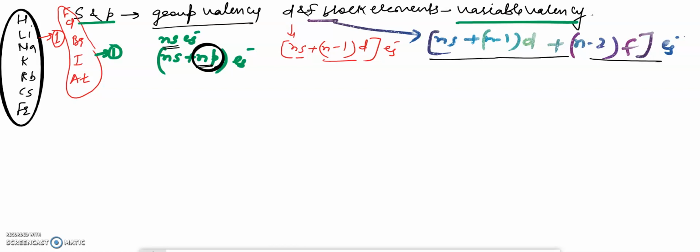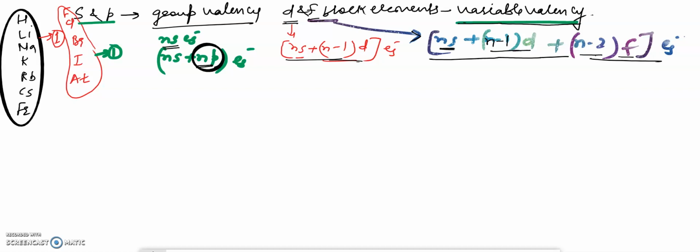See once again, in D block elements, NS and N-1 D electrons can take part in the bond formation, and in F block elements, NS, that is valence S, N-1 D, that is penultimate D, and N-2 F, that is pre-penultimate or anti-penultimate F electrons. So all the 3 electrons in the valence S subshell, penultimate D subshell and anti-penultimate F subshell can take part in the bond formation. That's why F block elements show such a large number of variable valencies.